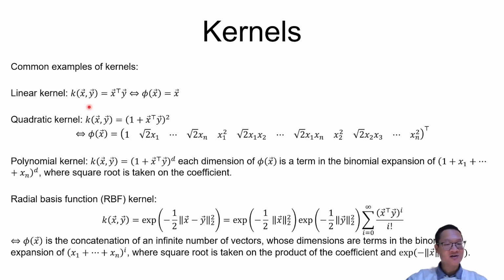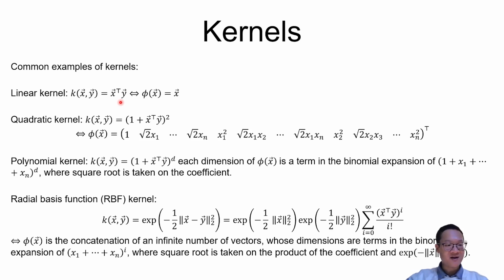Going back to the linear kernel, in the original feature space, x and y's pointing in different directions are considered different, and x and y's in the same direction are more similar, right? That is reflected in a linear kernel where we take the inner product x transpose y.